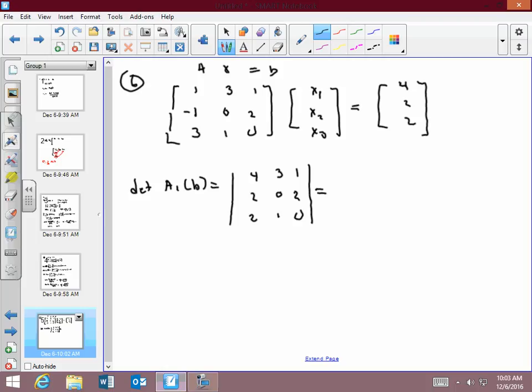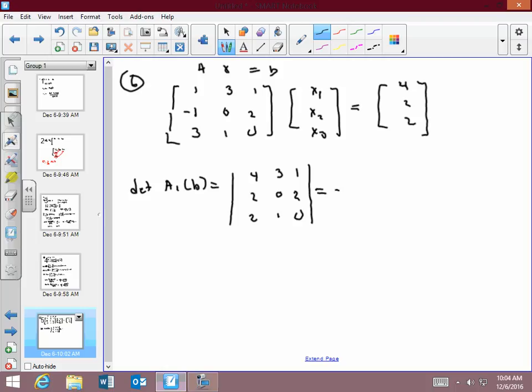Do you want to just go down the second column or third column? Yeah, and there's a 0 in that second column too. So we could do whichever way we wanted to do it. So what do you want to do? Go down the third column? That's what you're thinking? Everyone doing the same?